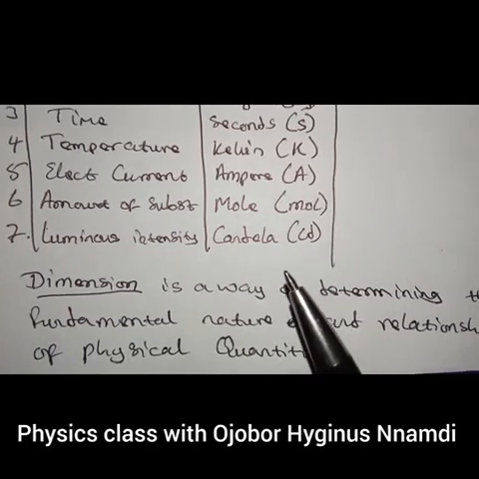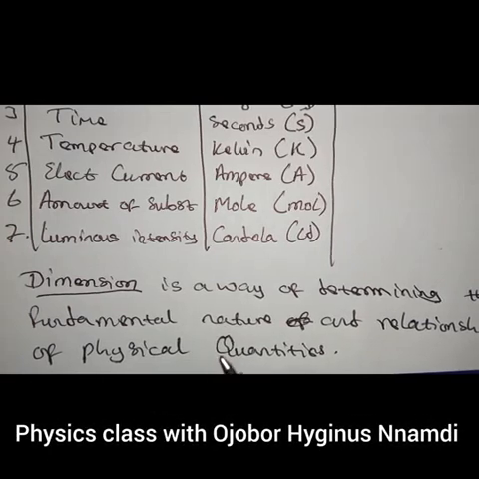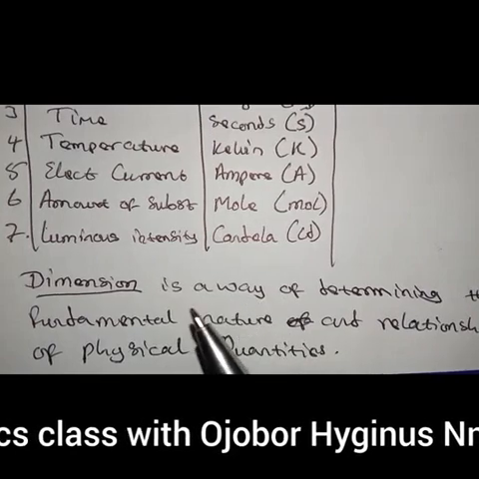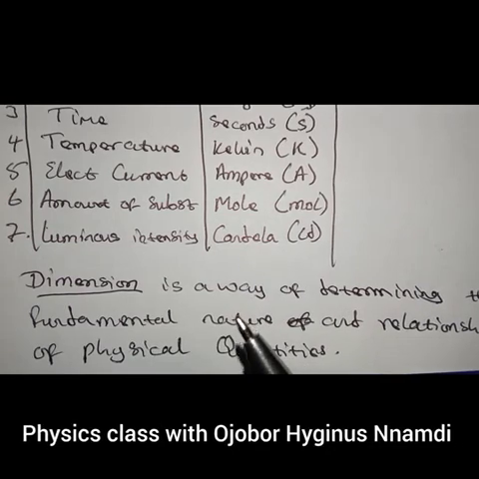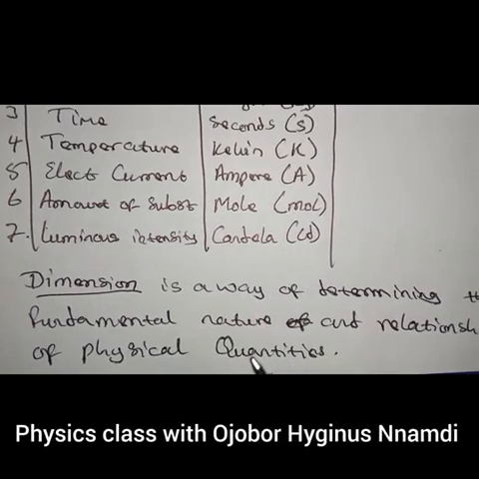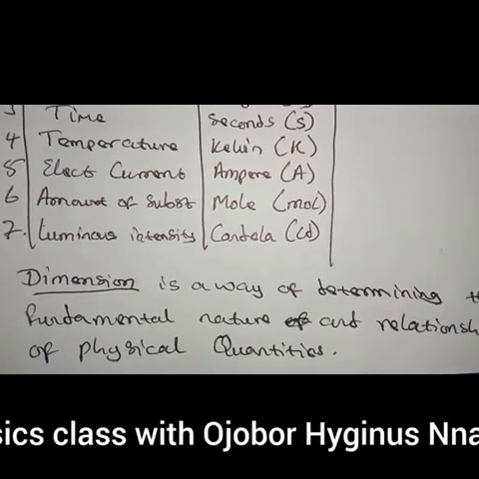We use dimension to simplify equations. We can also use dimension to identify relationships between quantities. Two quantities might have different names and different formulas, but when you break them down into their basic dimensions, you will realize that these quantities are the same. So it's used to determine the relationship between quantities.